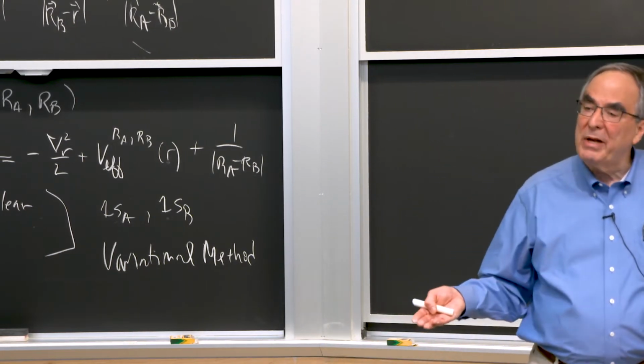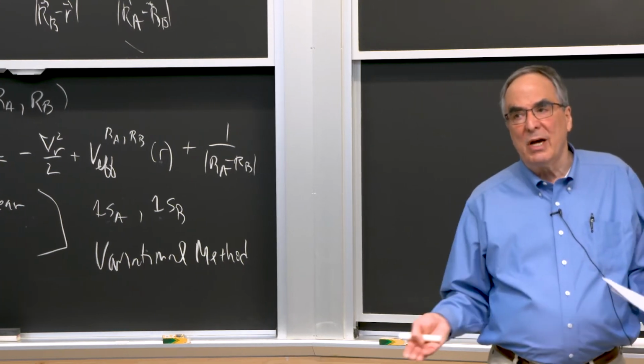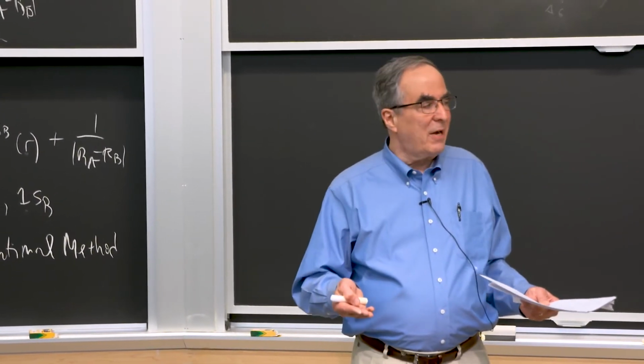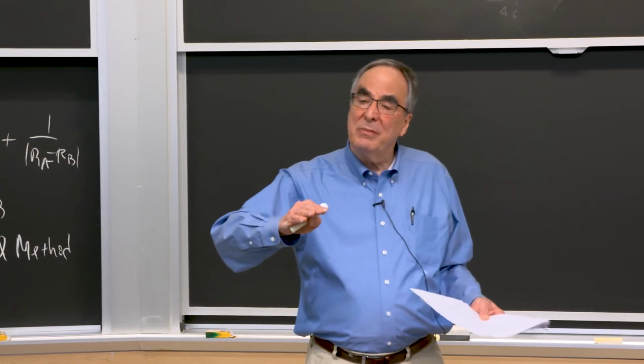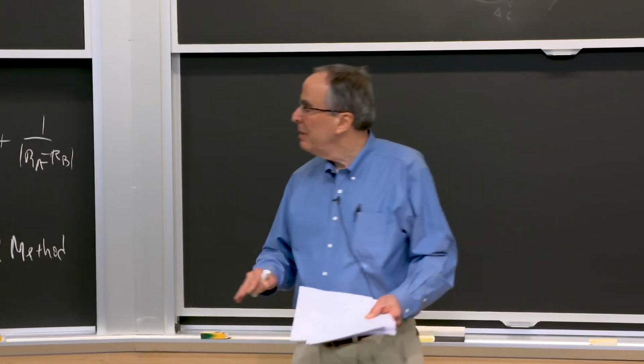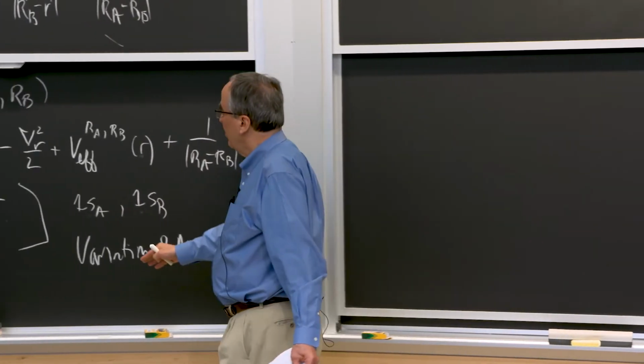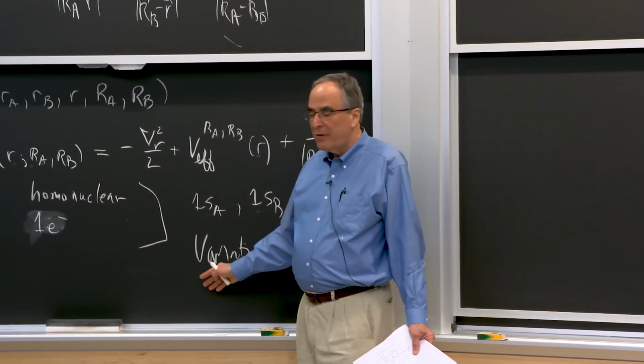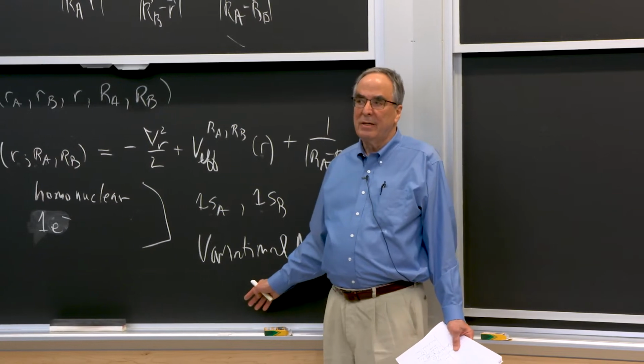Even if you don't know what it is, you know that anything you calculate is a little bit higher. And what you want to do then is to make the energy as small as possible by doing a min-max problem on the coefficients. And so the variational method is basically that.